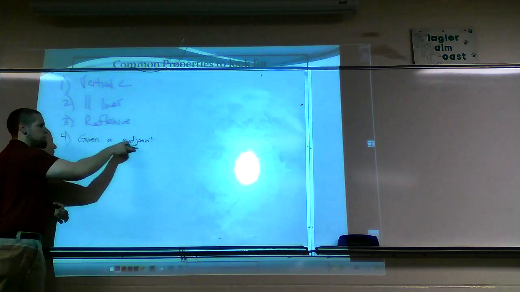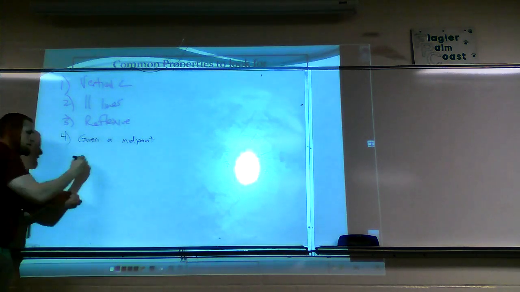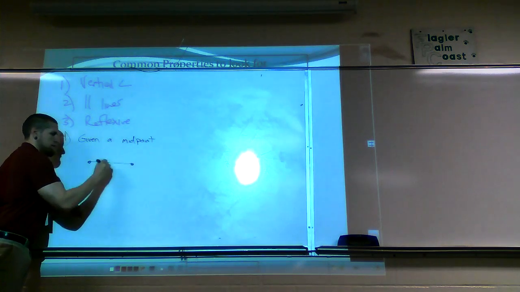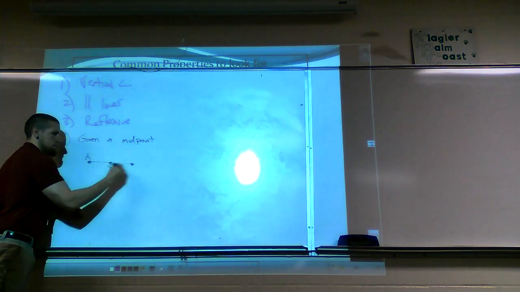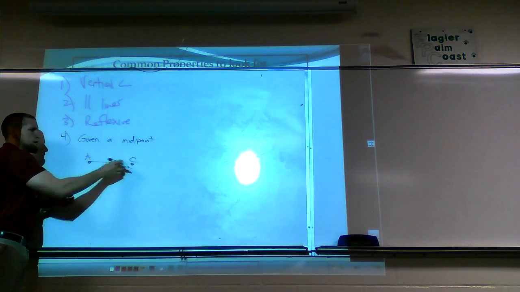If you're given a midpoint, remember, midpoint is in the middle, so it creates what? If I said there's my segment, and B is the midpoint, what do you know about those two segments? They're congruent.